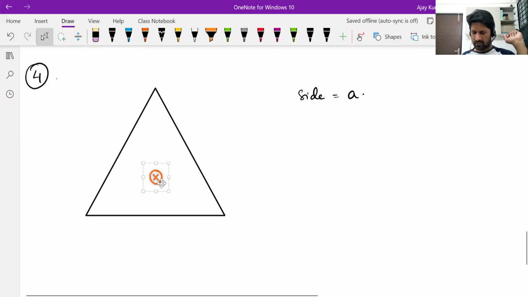Can one of you tell me the definition of centroid? What does centroid of a triangle mean? So it's like the center of mass only. Correct.